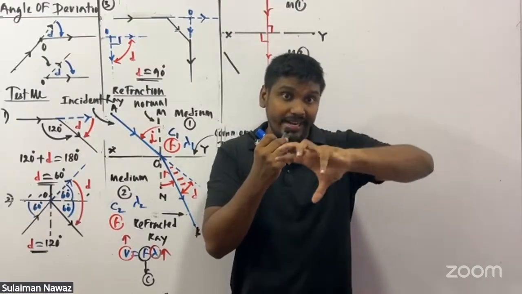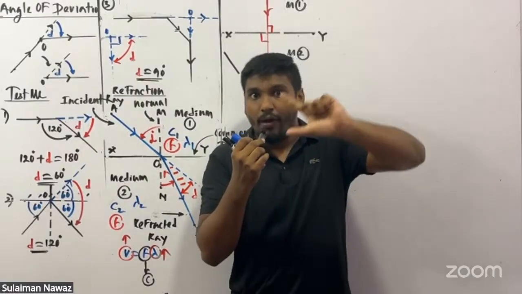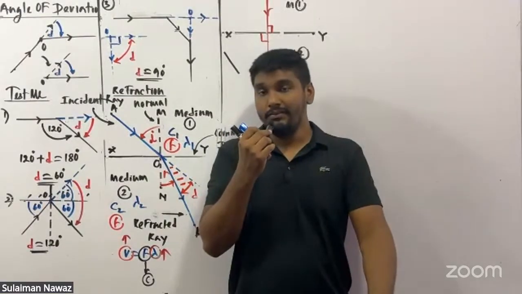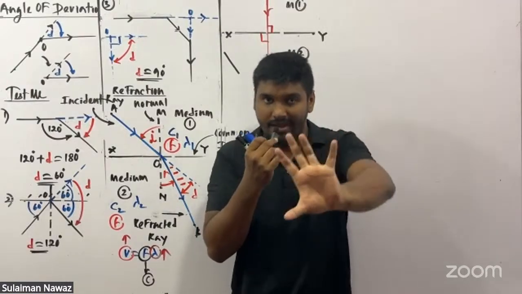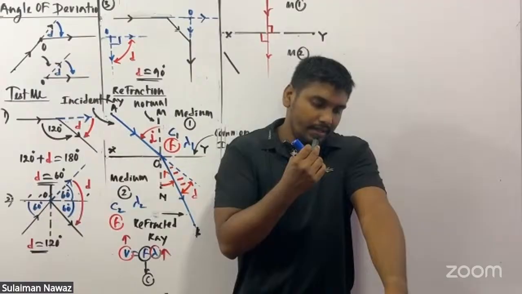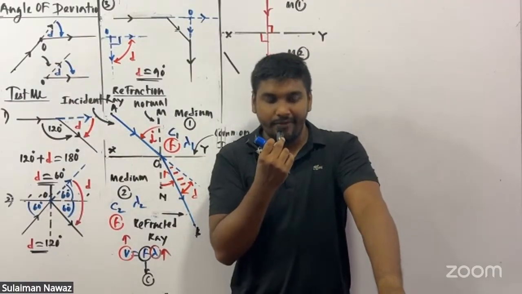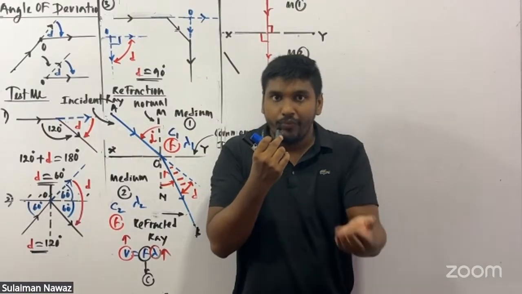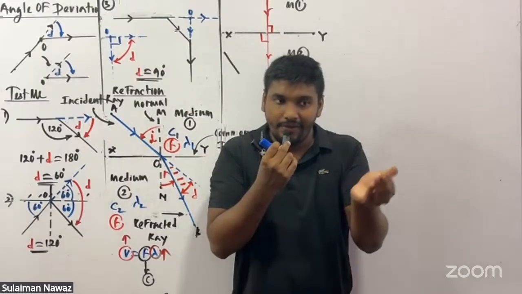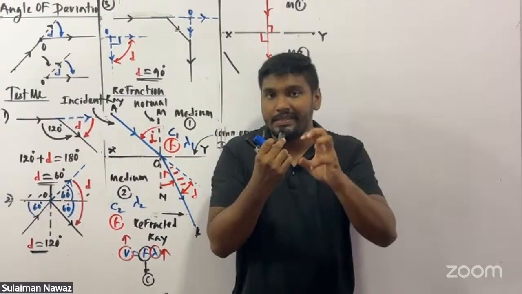Now you know what a medium is. How many say this air, this water, this glass come under transparent medium? Then, as per my understanding, when the light ray passes from air to water to glass, the speed of the light ray changes.